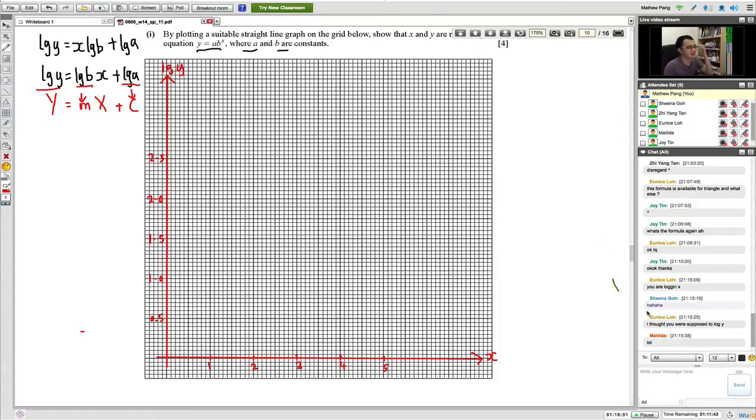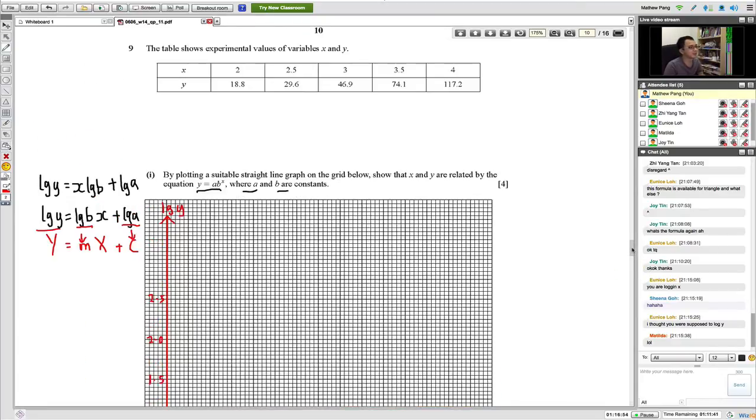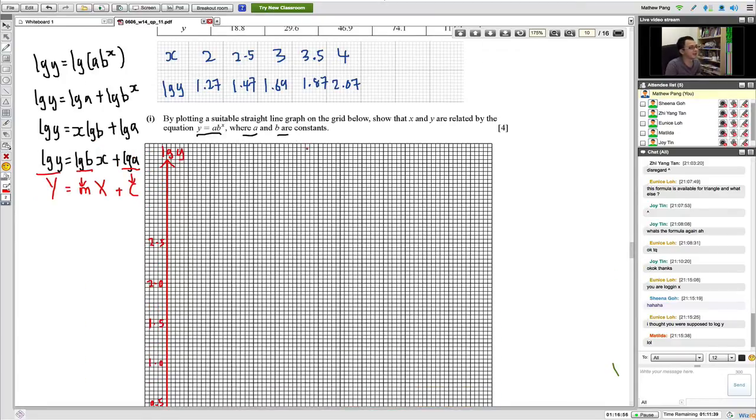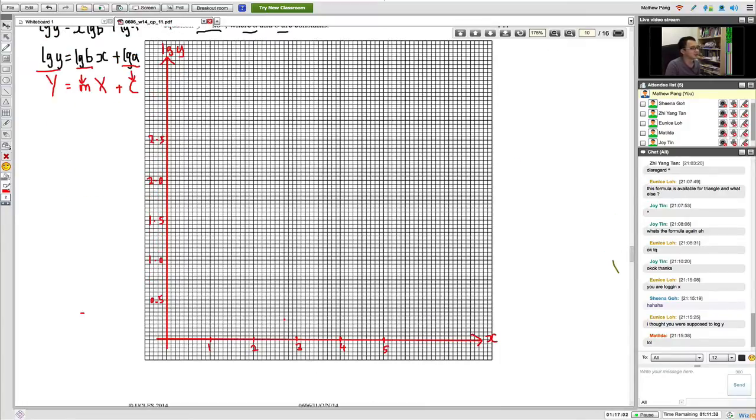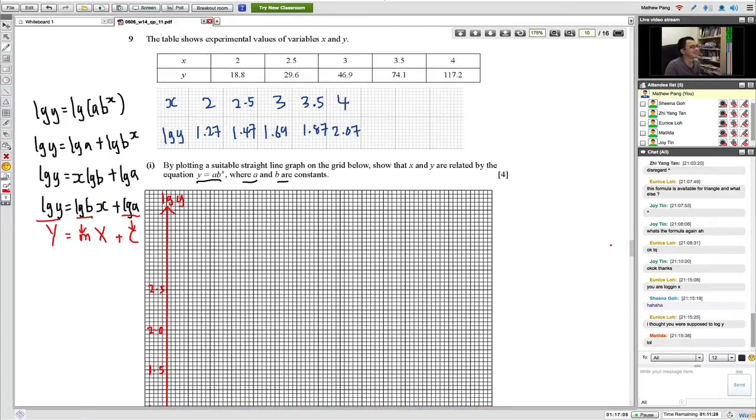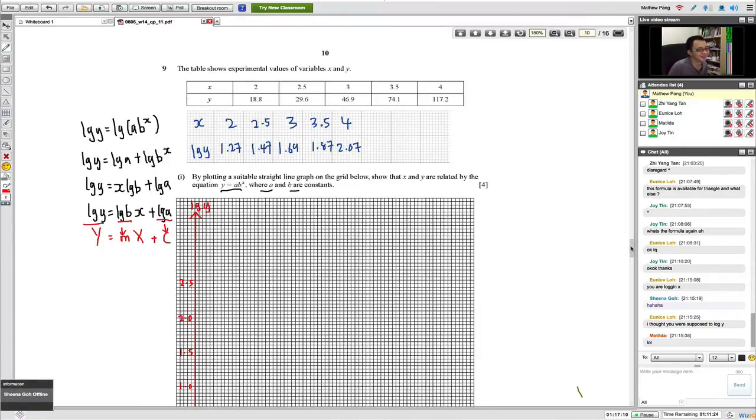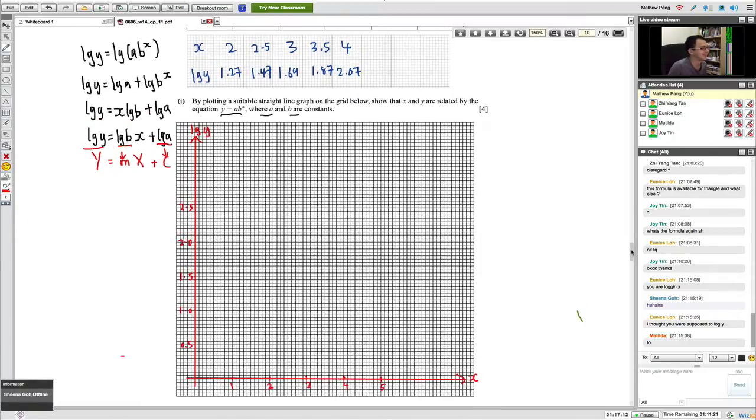Then I will plot the coordinates one by one. The first one is 2 and 1.27. Then you just plot. Let me zoom in a bit. I have to actually scroll the thing. So I have 2 and 1.27.